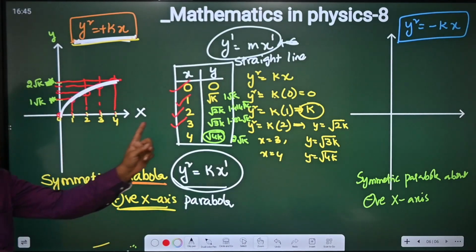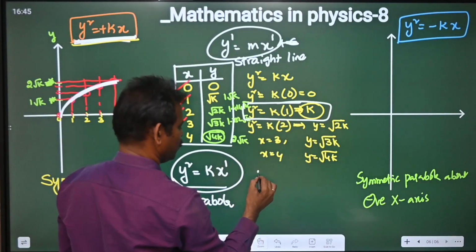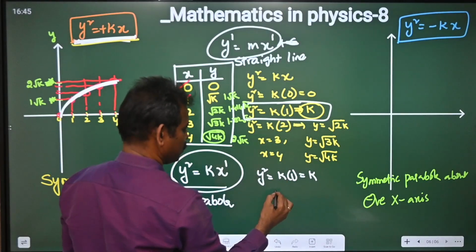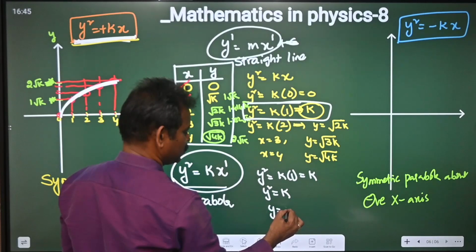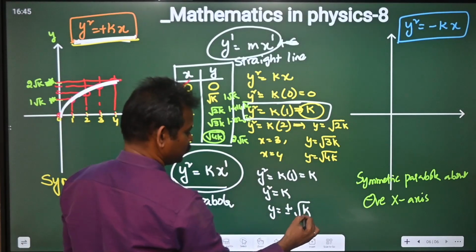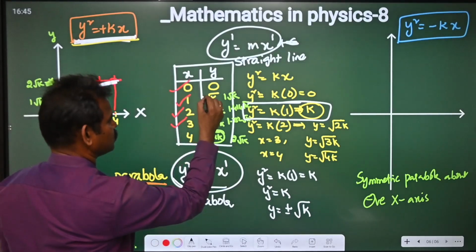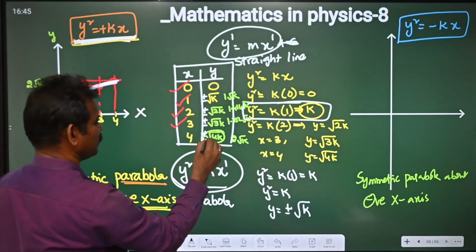But at the same time, students, if you take y square is equal to k into 1, which is equal to k, y square is equal to k, so y is equal to plus or minus root k. So this value is not only positive, it may be negative. So this is plus or minus 1, plus or minus root 2, plus or minus root 3, plus or minus root 4.